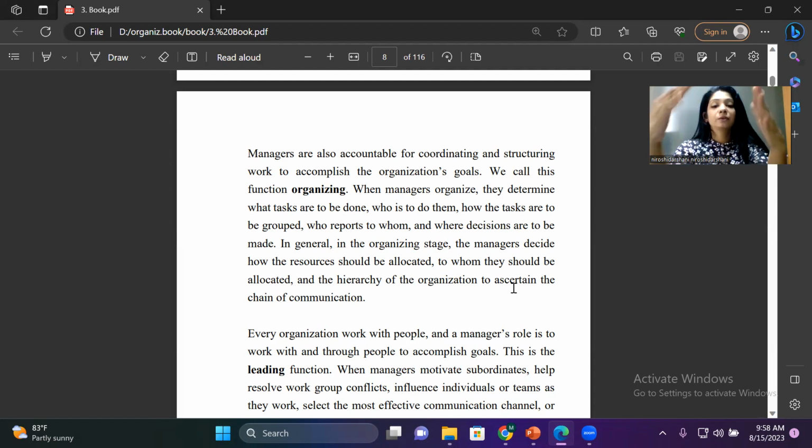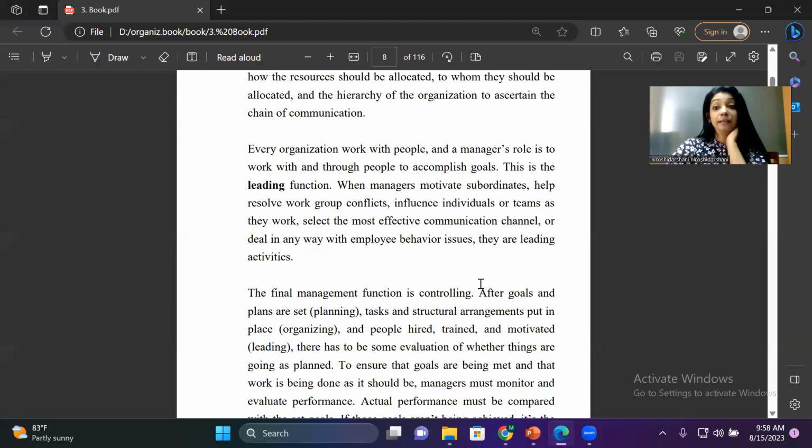Then we have to come into the next level, that is leading, how we lead things, right? Every organization works with people, and a manager's role is to work with and through people to accomplish goals. Whatever you do, it probably would not work very successfully unless you provide proper leadership.